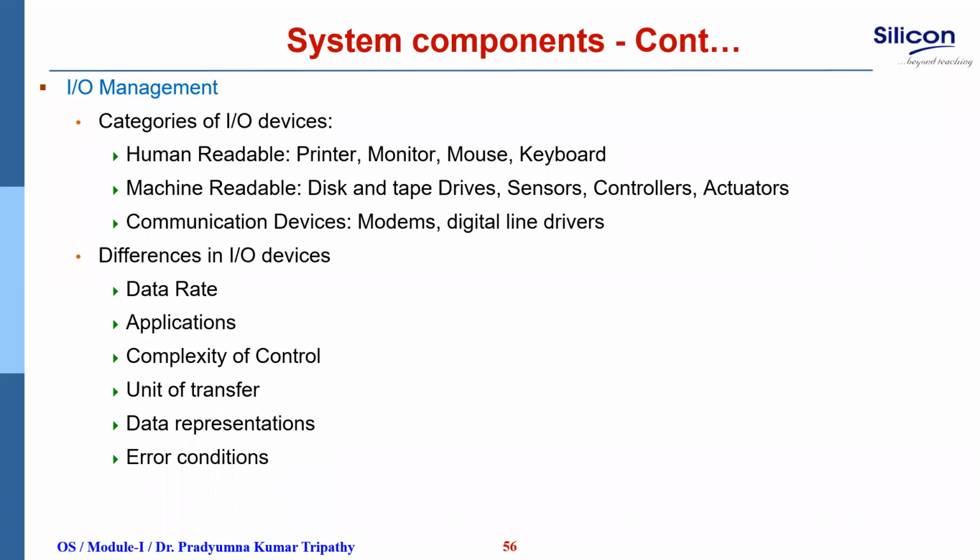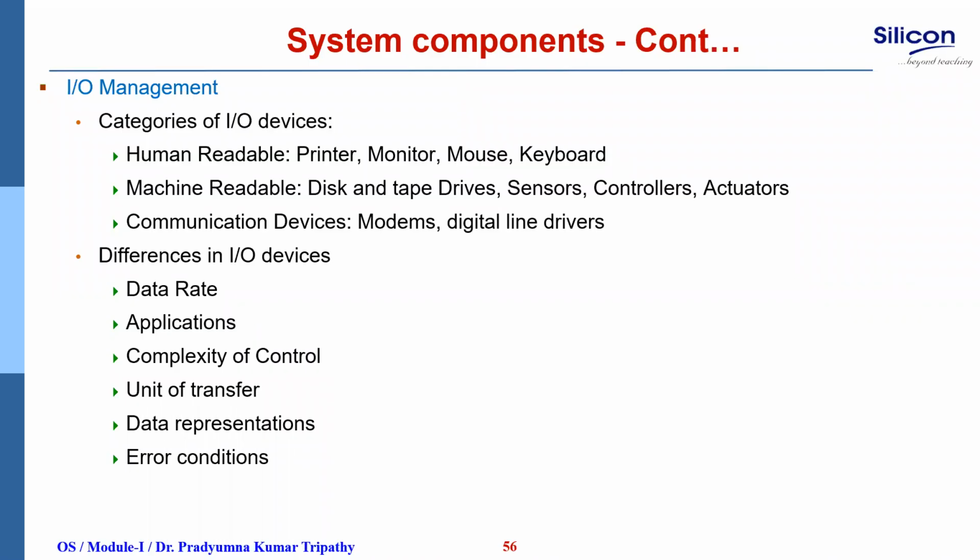If you look into the I/O devices, there are different types. If you categorize them, some are human readable, which means we can read them, for example printer, monitor, mouse, keyboard, from which the human interacts. Some are machine readable, like disks and tape drives, sensors, controllers, actuators.